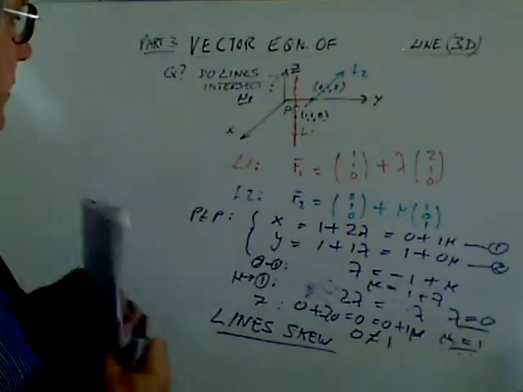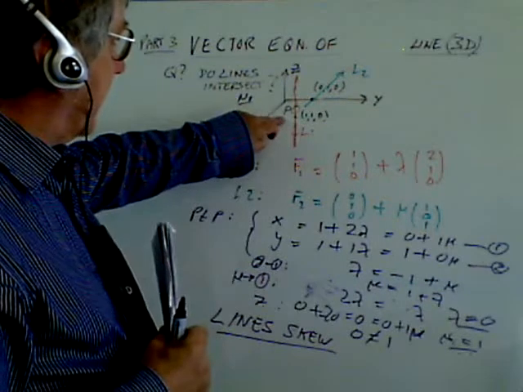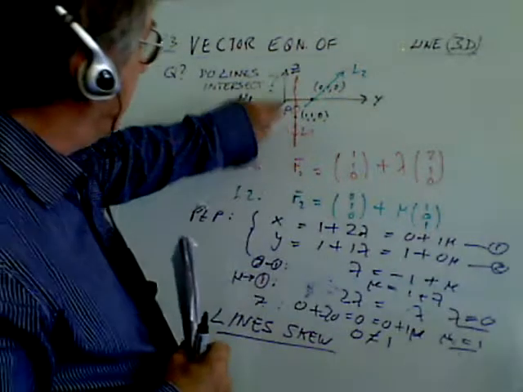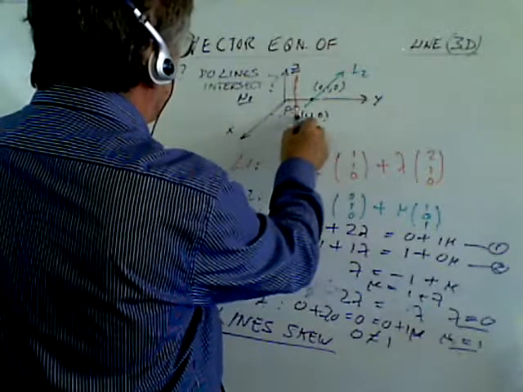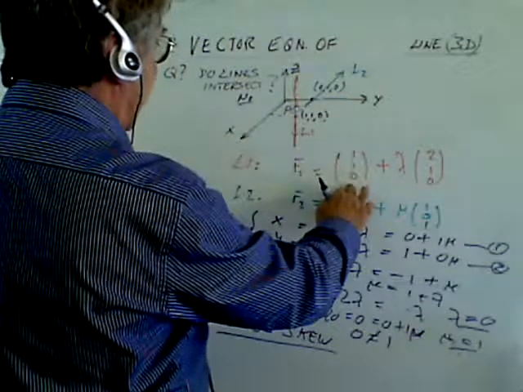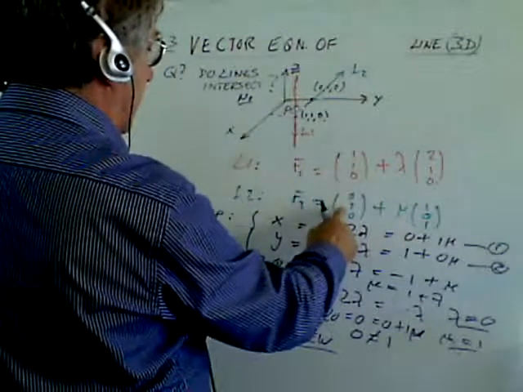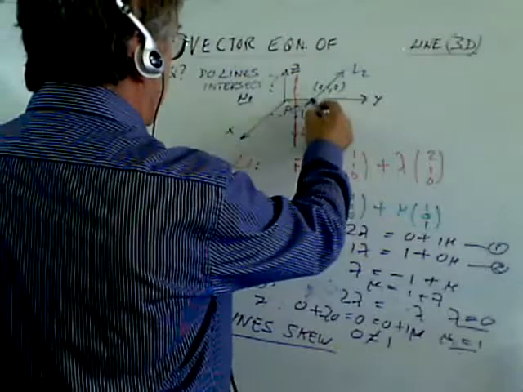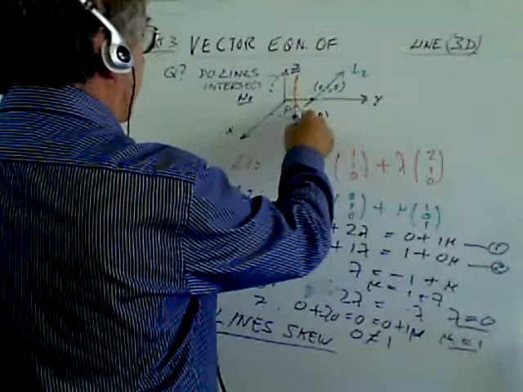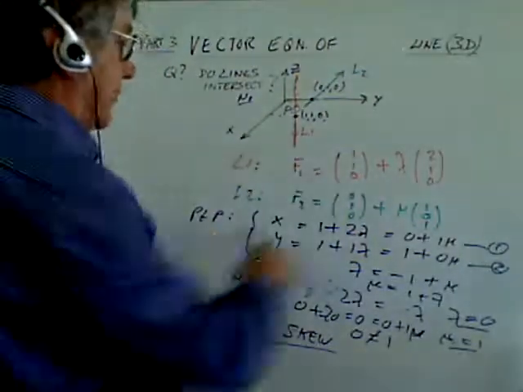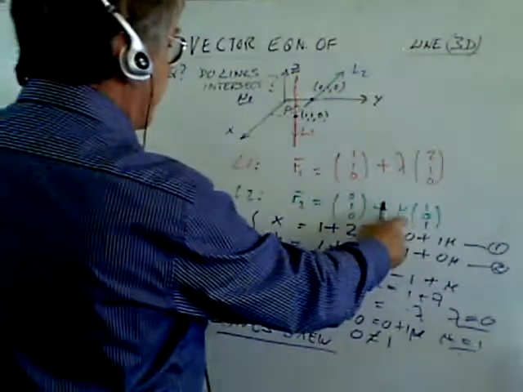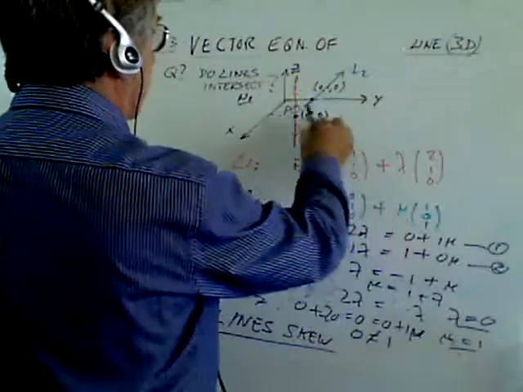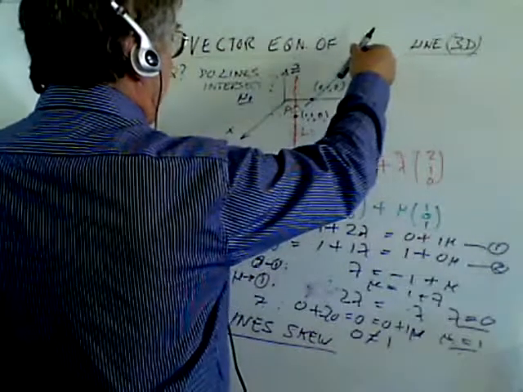Sometimes if you create a little diagram like this, you can probably see why from the diagram. This is the point 1, 1, 0, which is A on line 1. On line 2, it's 0, 1, 0. Both of these points lie in the XY plane because they have a 0 Z coordinate. And this line has direction 1, 0, 1, so it runs like that.